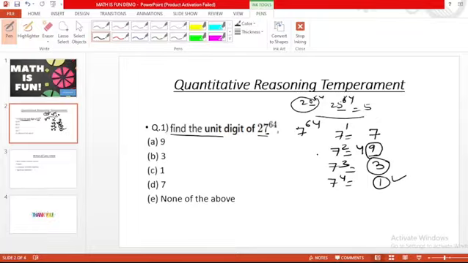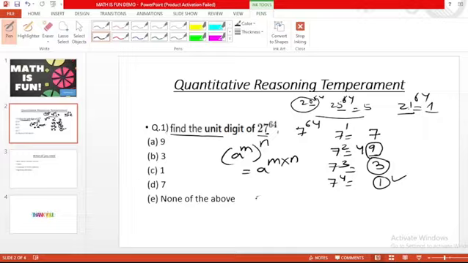Now your friend arrives. You know that 21 to the power of 64 has unit digit 1, because 1 multiplied by 1 will always give you a 1. So does 27 to the power of 64 have something in common with this number? Yes. We know that (a to the power of m) to the power of n is, as we are taught in the exponents and powers chapter, nothing but a to the power of m multiplied by n.